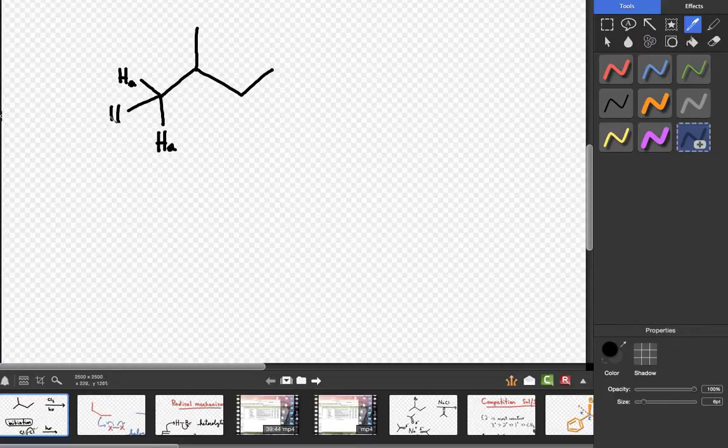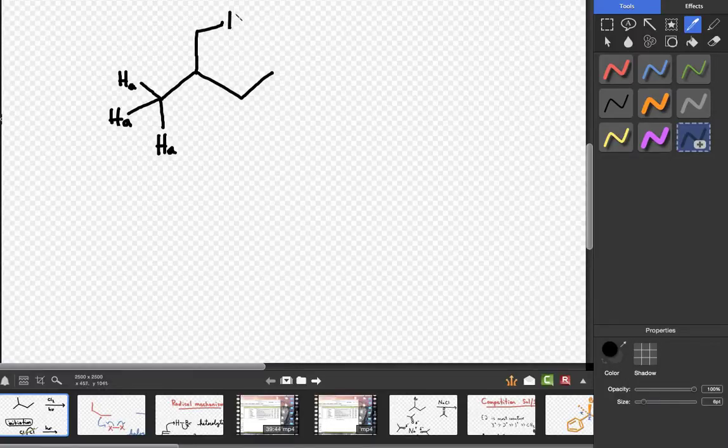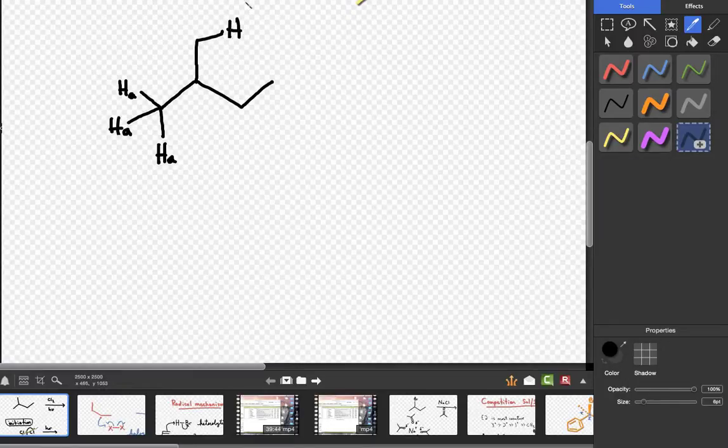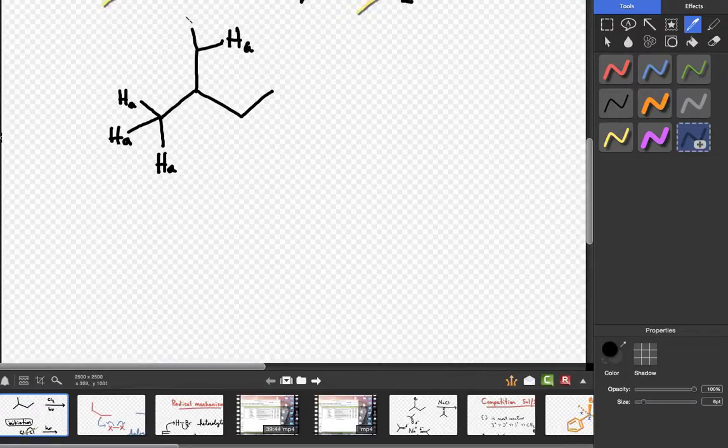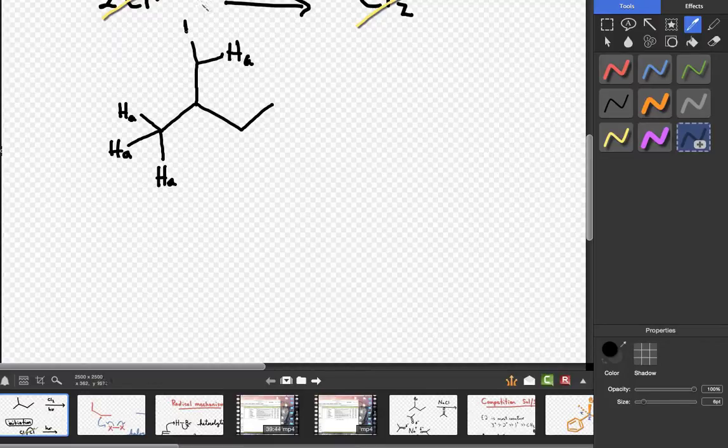If I replace any of the hydrogens of HA with a chlorine, I'll get one particular product. So there are 6 hydrogens in this molecule that are equivalent. And so if I were to replace HA, I would get one product.